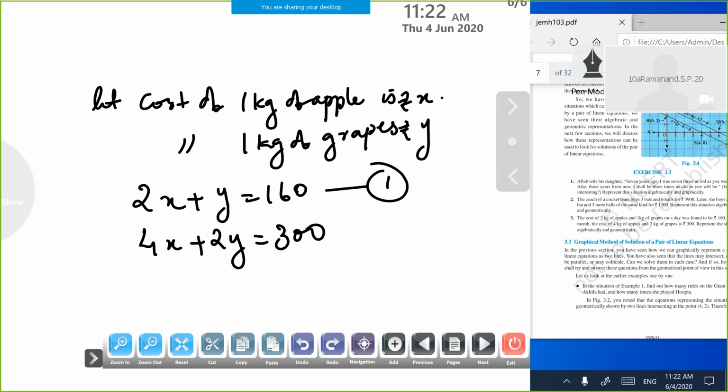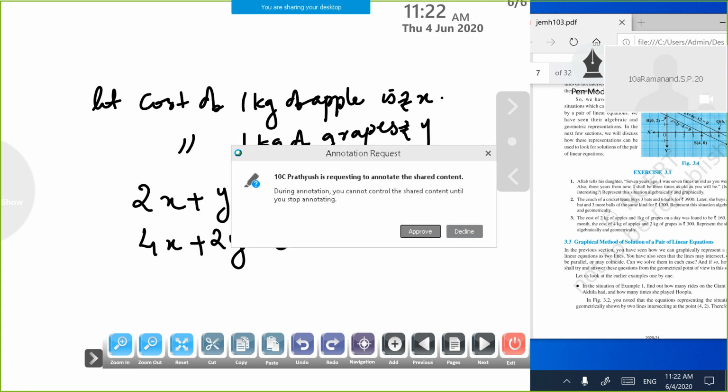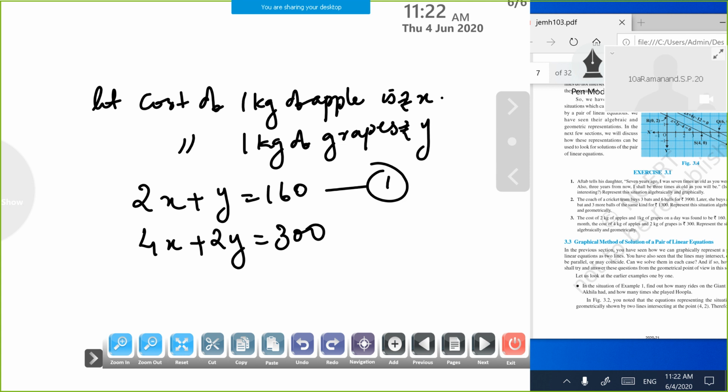This is the second situation, and we can simplify this second equation, divided throughout by 2. This is 2x plus y is equal to 150. This is the algebraic expression.